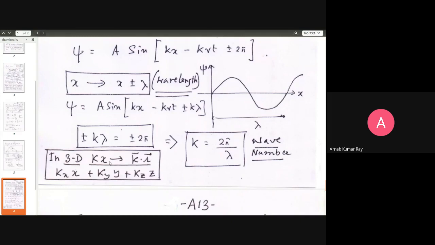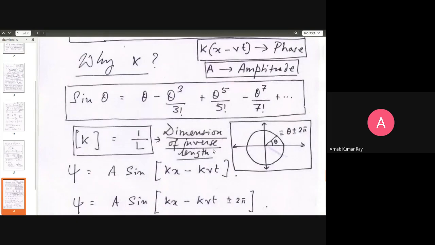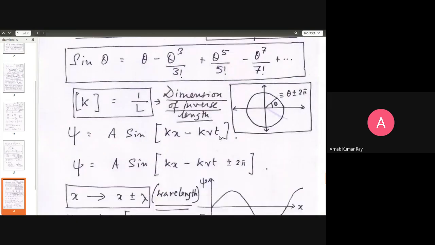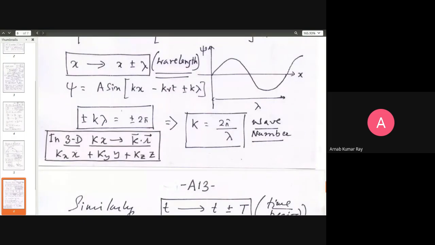In 3 dimensions, incidentally, although I don't want to labor this point, we are talking about a wave propagating only in one direction. But a wave can propagate in all 3 directions. Certainly a wave can propagate in 2 directions. Water ripples: you throw a stone on a placid water surface, the circular wave propagating from the point of impact is traveling in 2 dimensions, along the x-axis and along the y-axis.